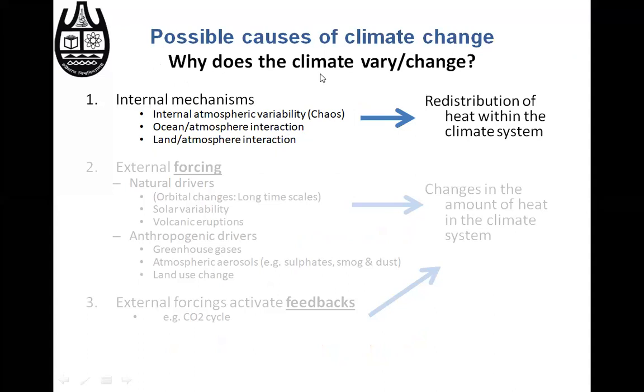When you say climate change, this is a special and very important topic. But when you ask how the climate has changed, the question is a little bit different. We can ask, why does the climate vary or change? That time you have many answers.